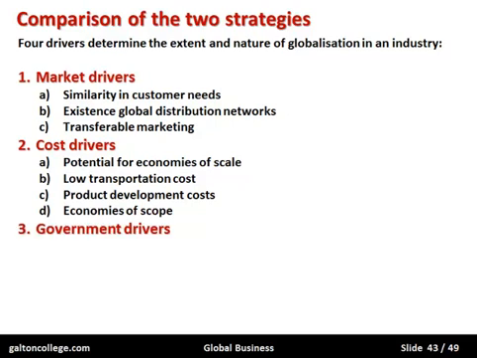Government drivers, that's the third type. Trade policies and market liberalisation. Governments need to liberalise markets if they're going to engage in globalised practices and allow their companies to become globalised. So they must be able to have liberal markets, for example. Markets should be allowed to work effectively, and there should be very few obstacles to international trade in the form of restrictions on trade, tariff barriers or quotas on imports.